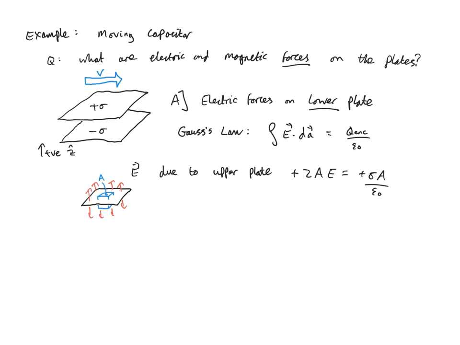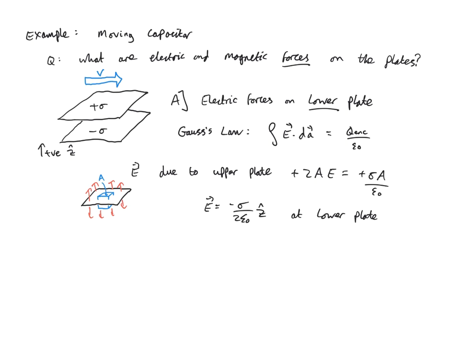Good. Okay, so what we learn from this is that the electric field, we can reinstate the vectors, is minus sigma over 2 epsilon naught z hat at the lower plate. Why minus? Because we're looking underneath the top plate, and therefore, as you see from the figure, the electric field lines are going down, and that's in the negative z direction.